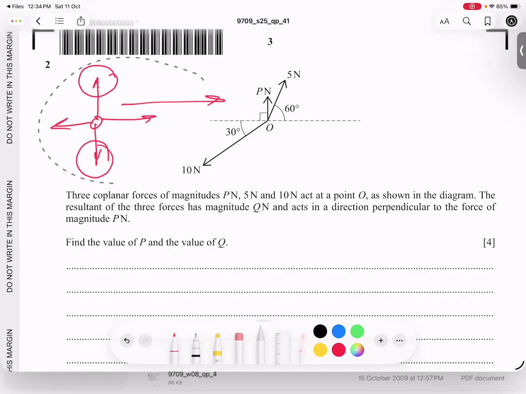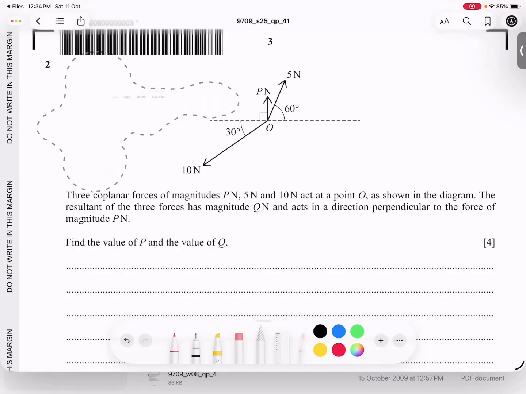This part is very clear. So upward and downward forces are balanced to each other, which means vertically the system is in equilibrium. I can say the resultant of the y components is equal to 0.